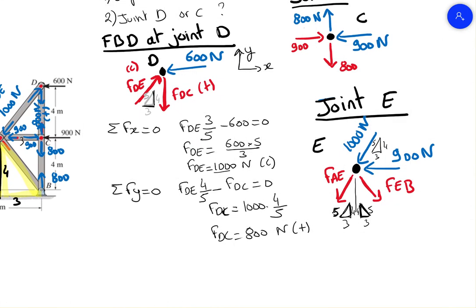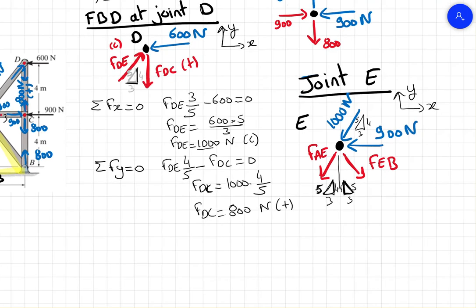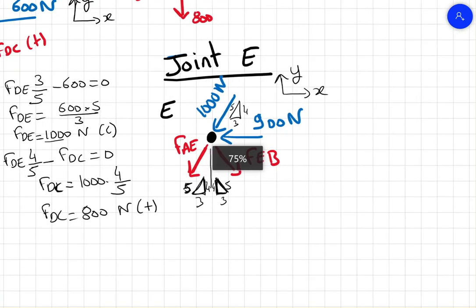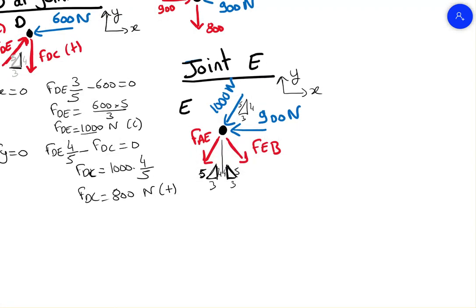Okay, and we will use the axis X and Y. I think we will need to solve two unknowns. We can do that. So now we are just on the joint E. Sum of the forces on X is equal to 0.